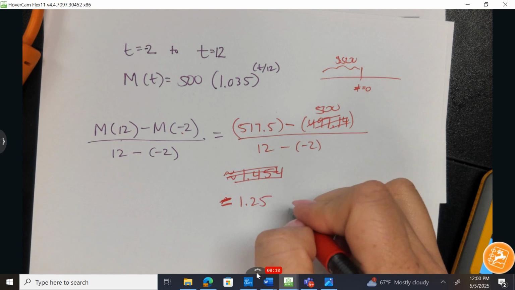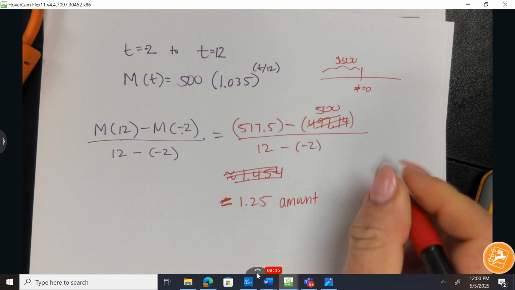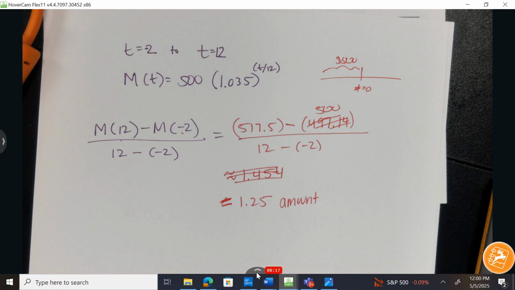Okay, let me go back here. It says estimate the amount of money in dollars the student has. Oh, sorry. Given the data, what is the average rate of change in the money in dollars per month?